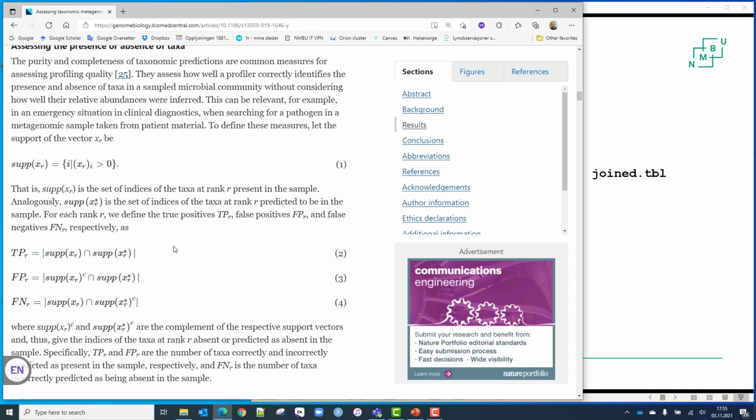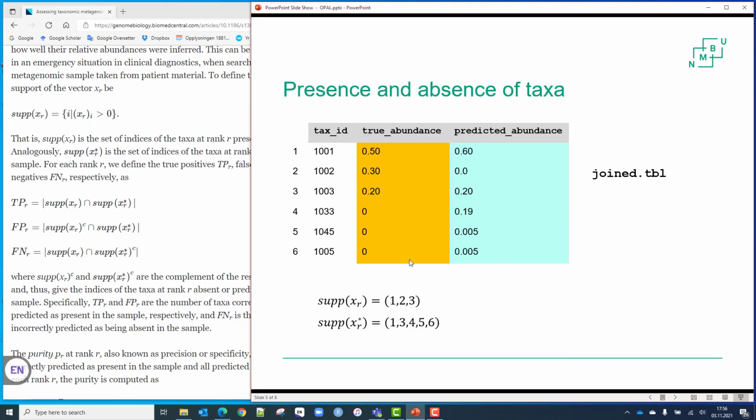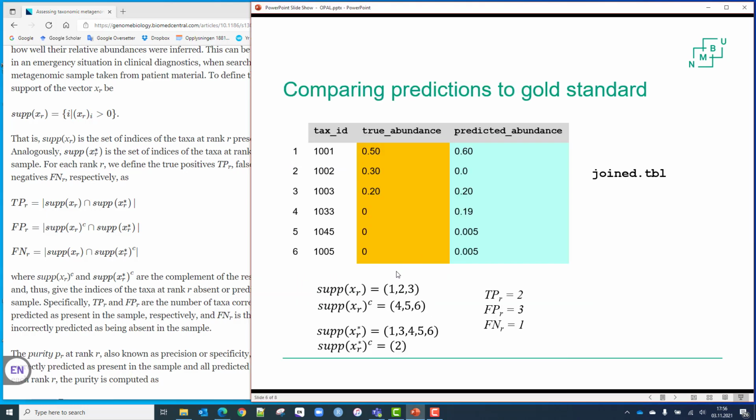And then from these supports we can compute our old familiar stuff: true positives, false positives, and false negatives, like this. And notice the true positive is the intersection between the 2 supports, and the size of that intersection. So what we actually do, let me jump one. We take the support from this one, 1, 2, 3, and the support for this one, 1, 3, 4, 5, 6.